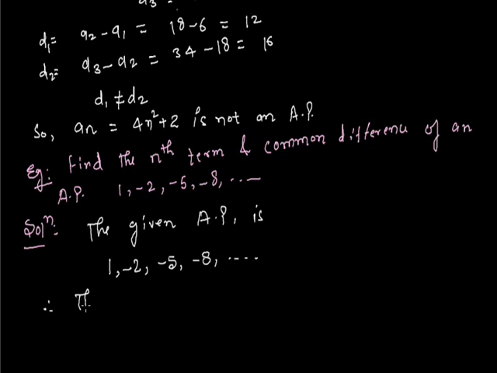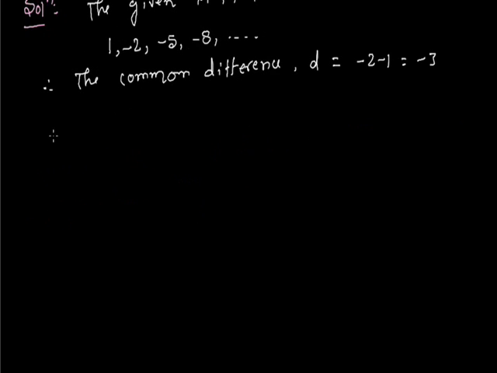Therefore, the common difference is d equal to minus 2 minus 1 equal to minus 3, and the nth term is an equal to a plus n minus 1 into d.